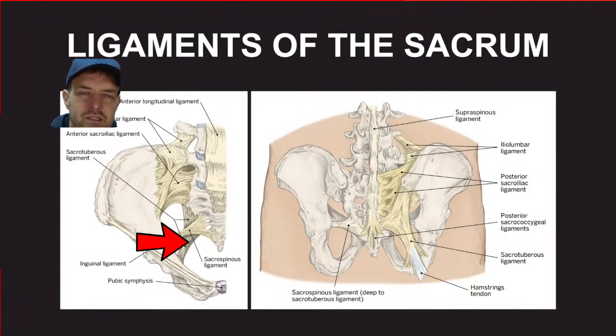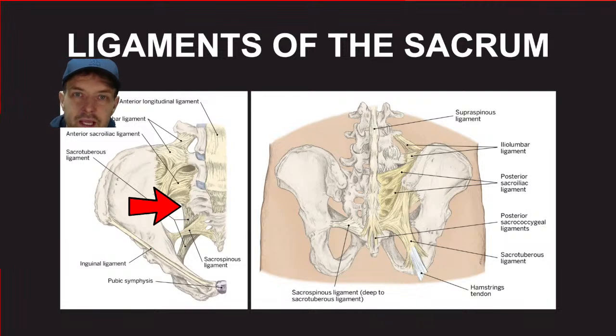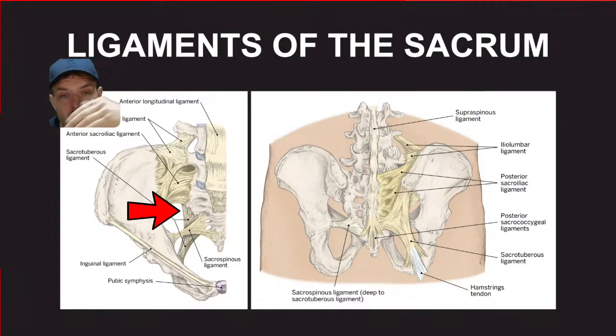And the crisscross and attachment of these ligaments create these holes, the greater and lesser sciatic notches, which then create a foramen where muscles and nerves will pass through, and it creates different sections. Okay, so that's quite a cool picture.